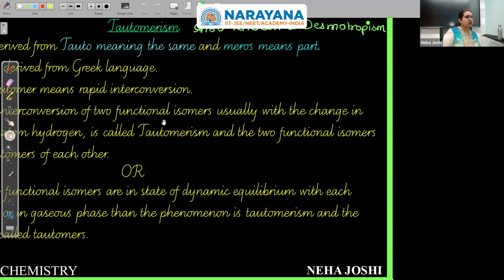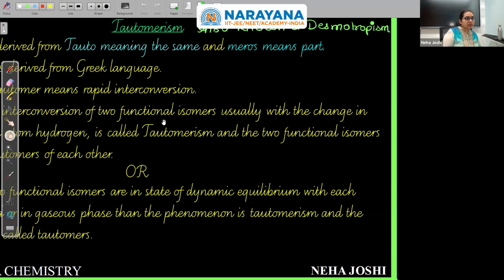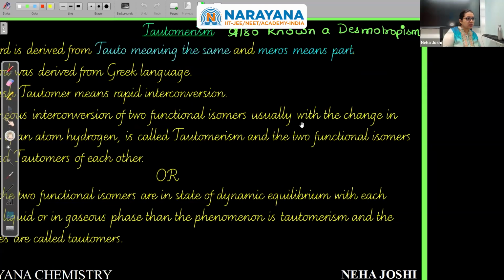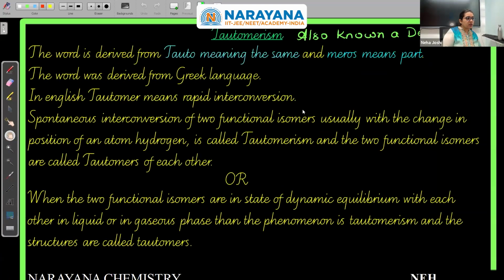I'll just open for questions. Anyone who wants to ask any question related to acidity and basicity, please raise your hand. I'll let you unmute and then you can ask. Then I'll start tautomerism. Any doubts? If there are, please ask. I don't see any hand raised, so I assume all done.